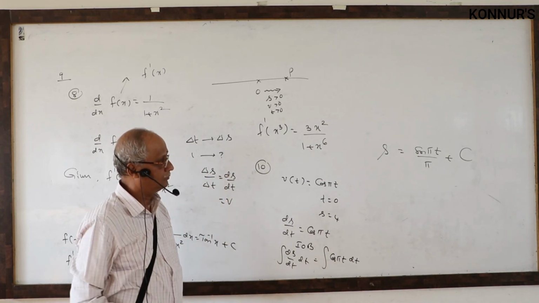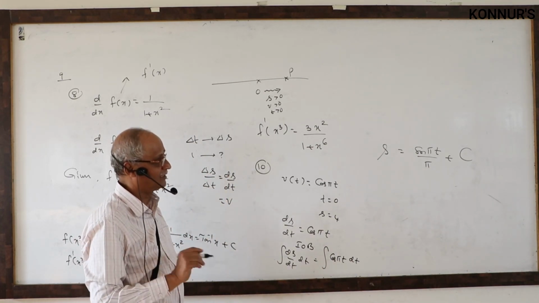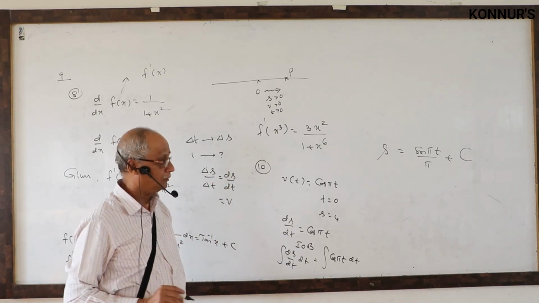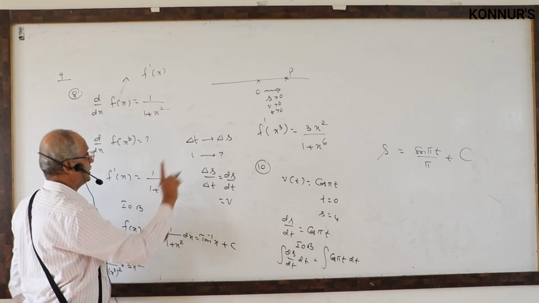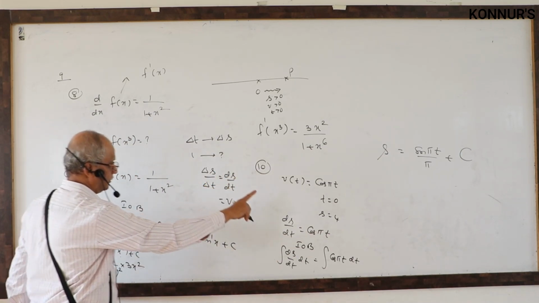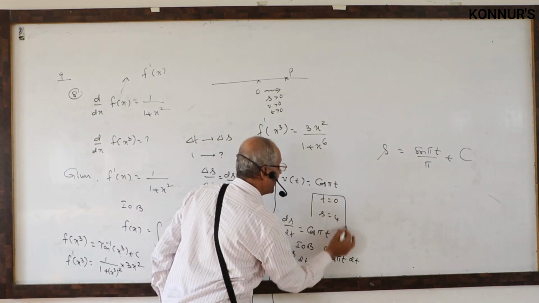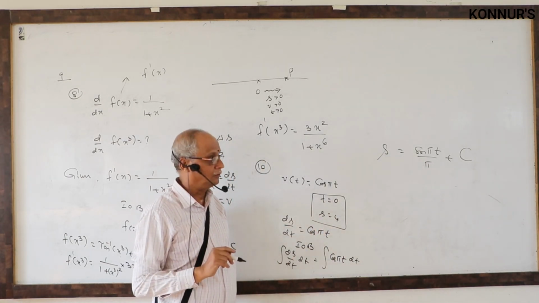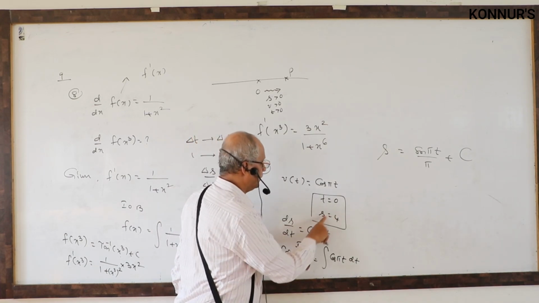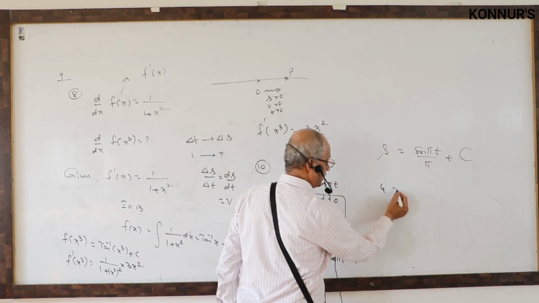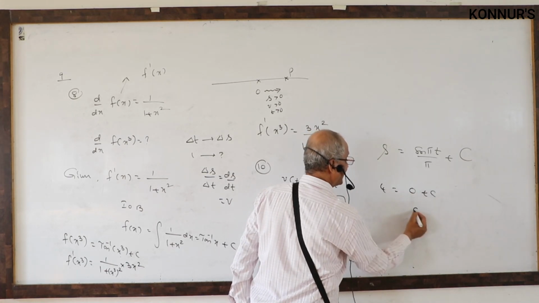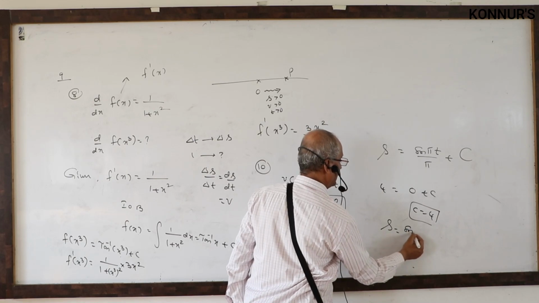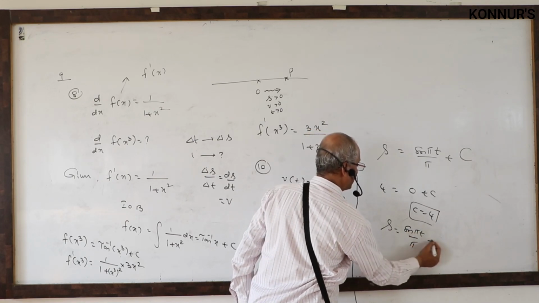Now you have got a function s in terms of t, but c is unknown. How to get that c value? That is why they gave you the initial data, initial values. t is 0, s value is 4. Substitute here, sin 0 is 0. Then what is the c value finally? 4. Substitute here. Hence s is equal to sin pi t by pi plus 4.